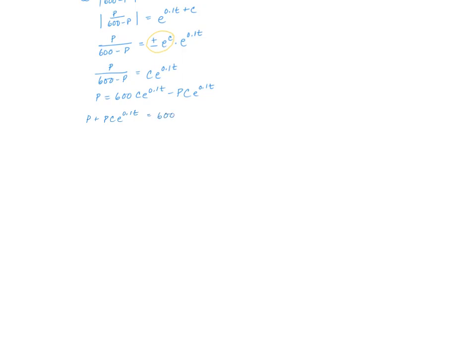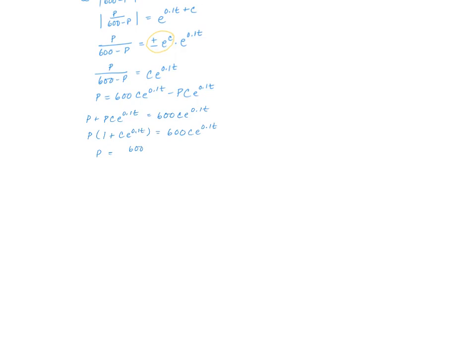That would be equal to the 600 c e to the 0.1t. And then on the left-hand side, I would factor out the common p, and then divide both sides by 1 plus c e to the 0.1t. And I have p by itself.